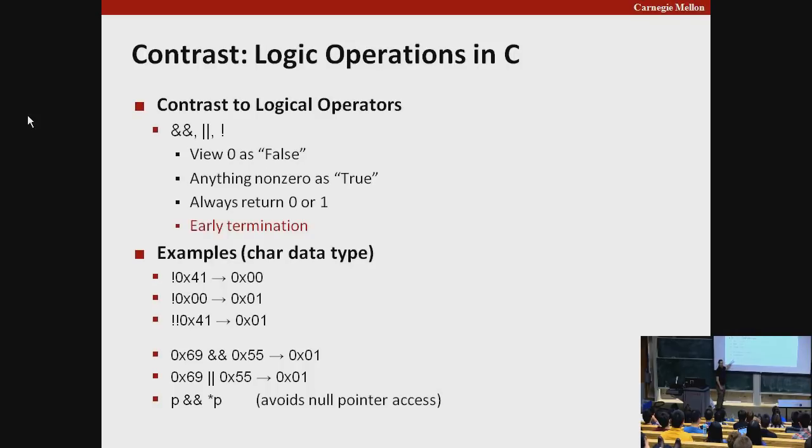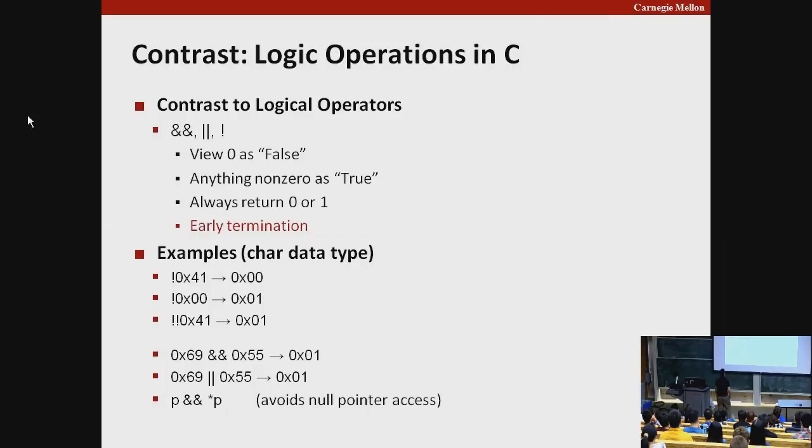If P is false, is there any way this expression can be true? No, because false and anything is false, right? So C stops there, never looking to see what star P is. Since it never dereferences star P, you never get the seg fault. Does that make sense?